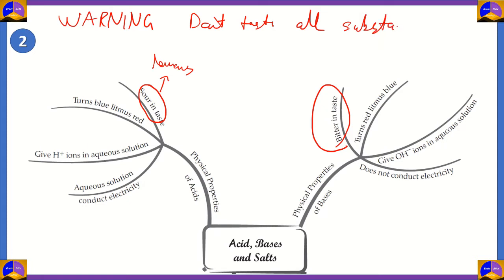So for example, if you were to taste sulfuric acid, you would have a burnt tongue instead of anything else. So therefore, don't try to do the taste test for every acid or base that you come across.